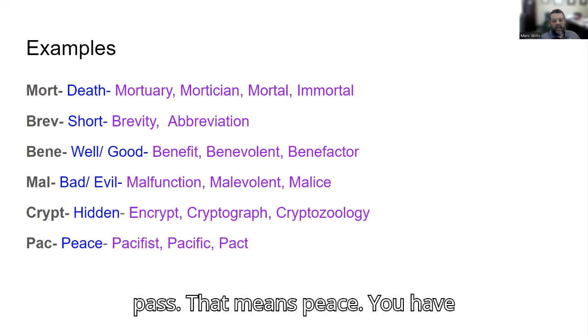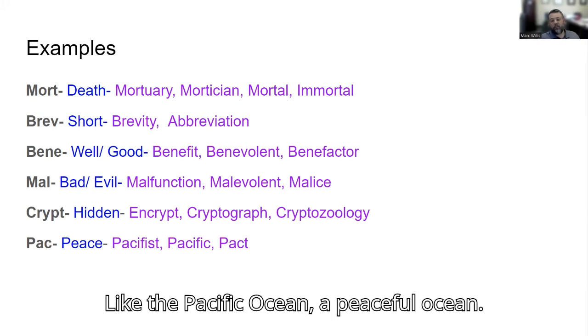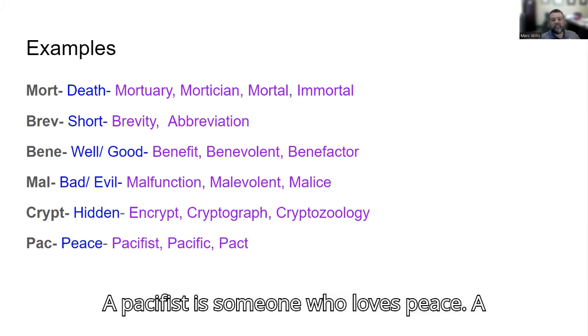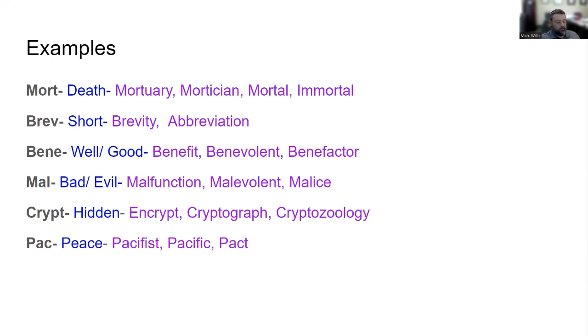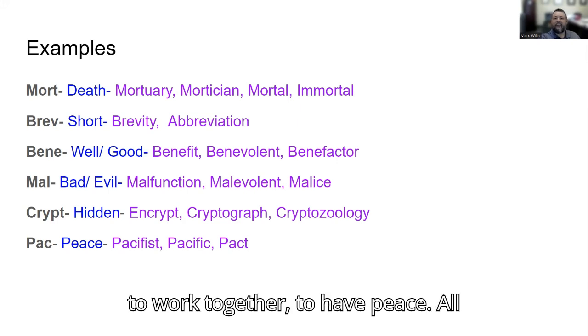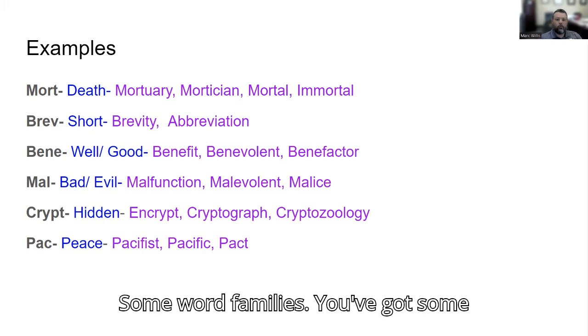All right, pac or pass, that means peace. You have pacifist. You have the Pacific, like the Pacific Ocean, a peaceful ocean. A pacifist is someone who loves peace. A pact is an agreement between two entities to get along, to work together, to have peace. All right, so that's just some examples of some word families.